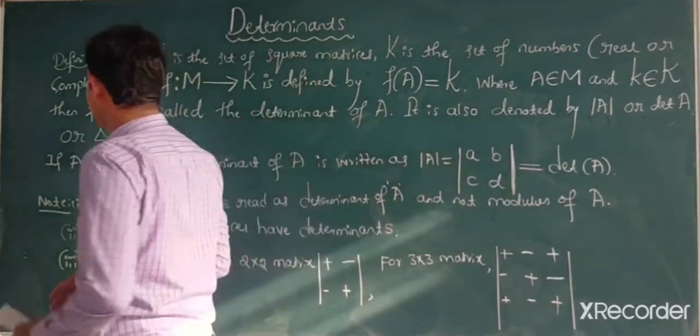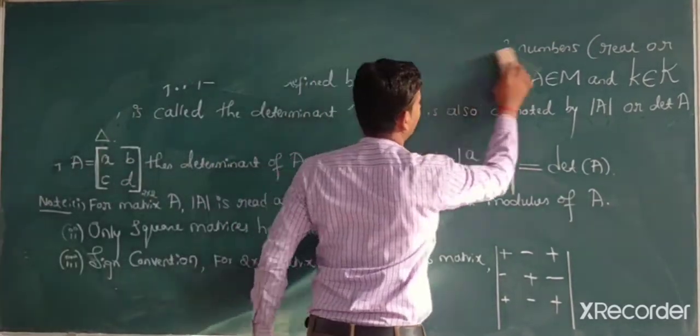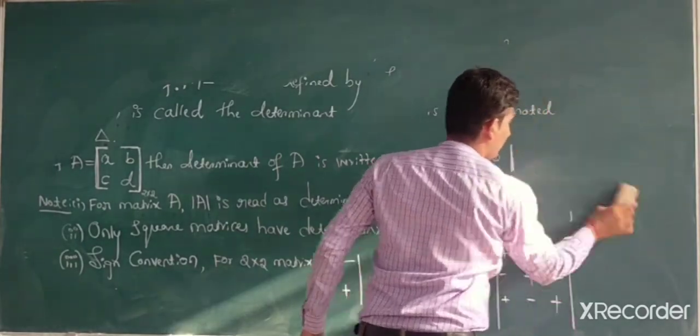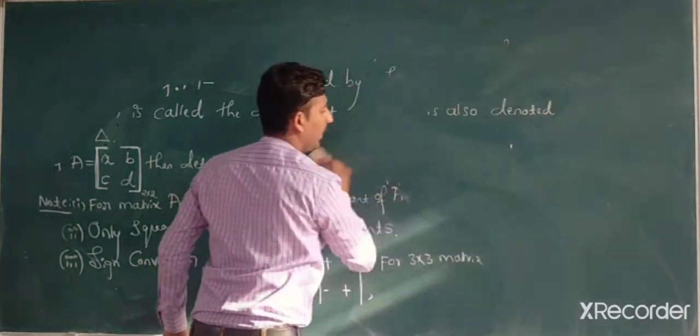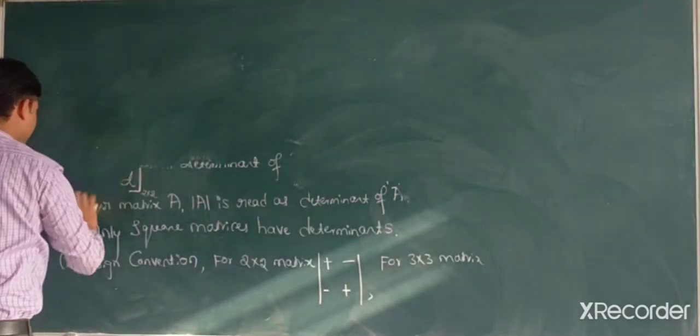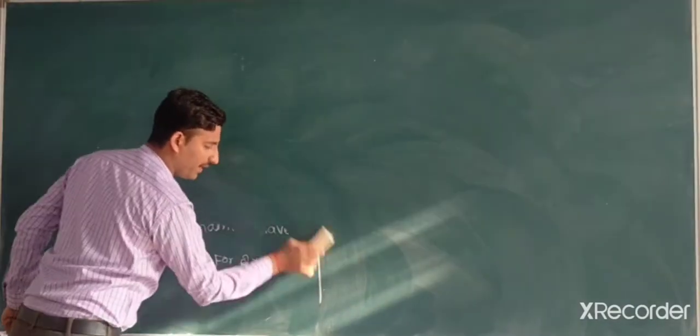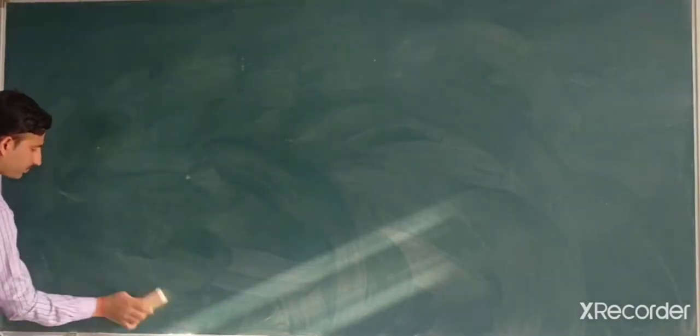After that, we move towards how to find the determinants of different orders like 1 cross 1, 2 cross 2 and 3 cross 3. We will discuss them one by one. The next point is the determinant of a matrix of order 1 cross 1.